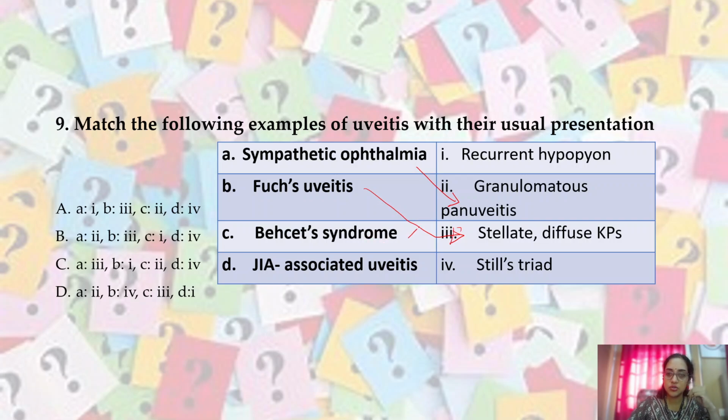Behçet syndrome is associated with a recurrent hypopyon, and JIA associated uveitis is described in presence of Still's triad, which is characterized by fever, joint pain, and uveitis. So this should be A is 2 and B is 3. So the right answer here is B.